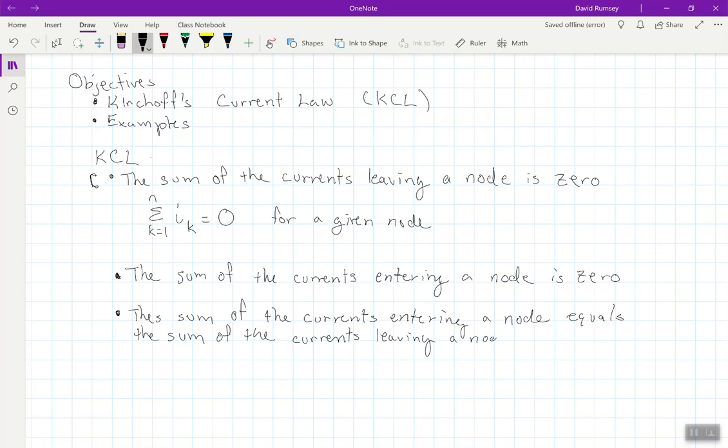Now this third one is basically saying that we're not drawing all the currents entering the node or all the currents leaving the node. So some of the currents are drawn to be entering the node and some of the currents are drawn to be leaving the node. And in that case, the sum of the currents entering the node has to equal the sum of the currents leaving a node. And this is it. That's KCL right there, Kirchhoff's current law.